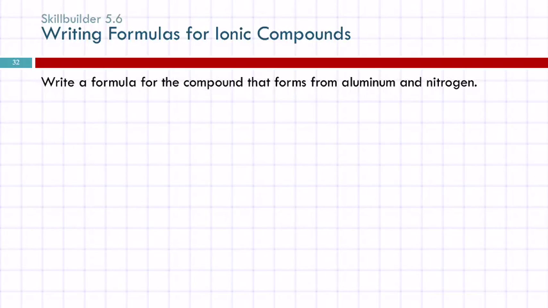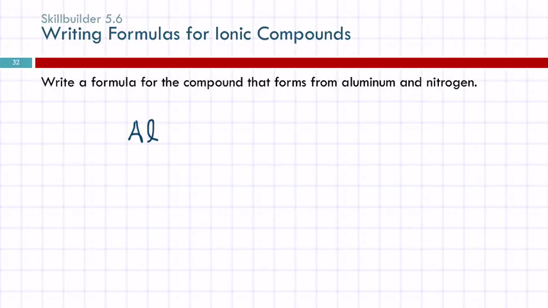Let's do one for the compound that forms between aluminum and nitrogen. Well, aluminum is a metal. We need the formula for aluminum. The symbol is Al, and we need to know the charge. What group is it in? It's in group 3A. If it's in group 1A, 2A, 3A, zinc or silver, then we can figure out the charge.